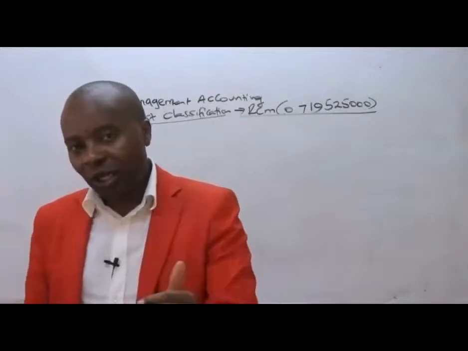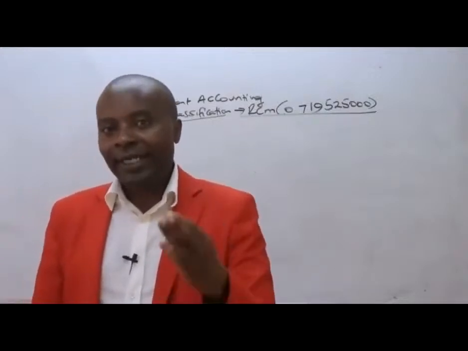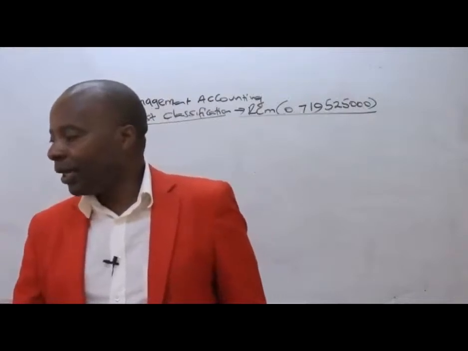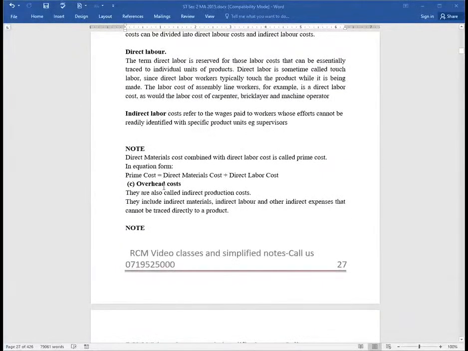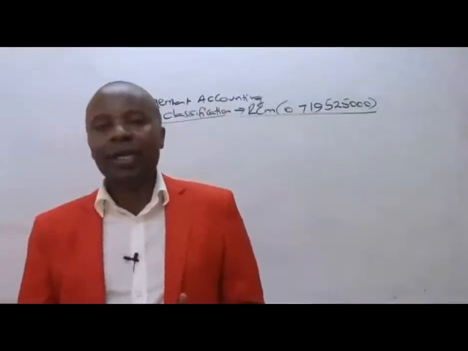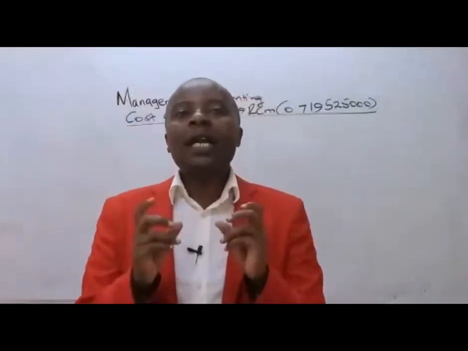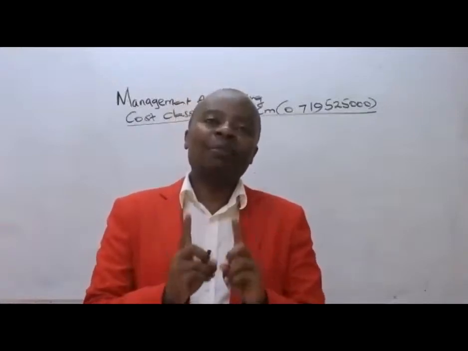So for manufacturing cost, we're giving examples. We have direct materials, we have direct labor, and then, ladies and gentlemen, we have the concept of overhead. But before this, I would want you to appreciate one thing: when we talk of prime cost, we are looking at all the direct expenses. Prime cost will be the direct expenses which are attributable to our manufacturing process.